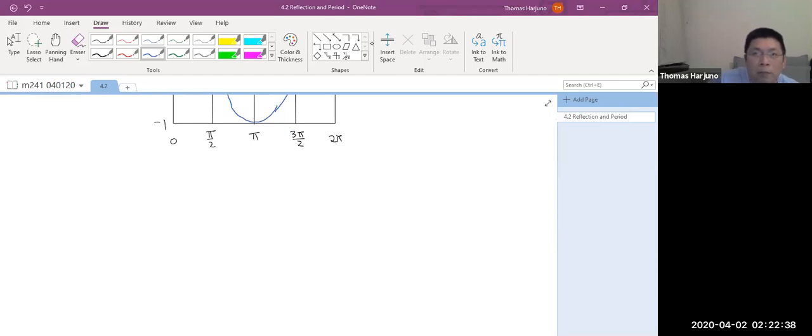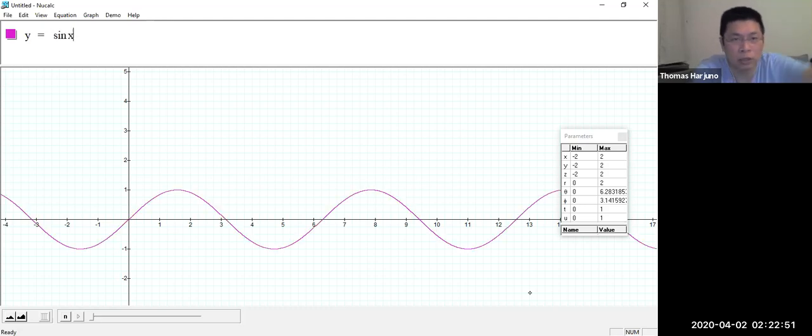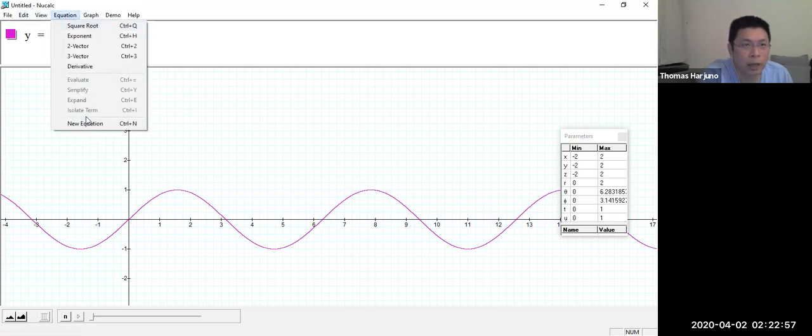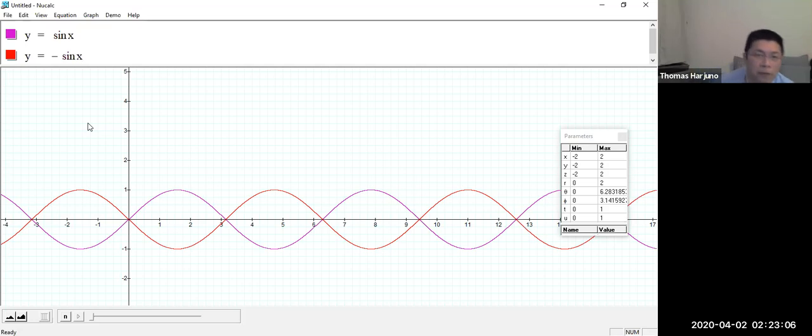my graphing paper. Okay, if we take a look, y equals sine x, this is what it looks like. Now then, suppose I put a negative in front of that sine x, y equals negative sine x. What will happen is the graph is being flipped upside down.